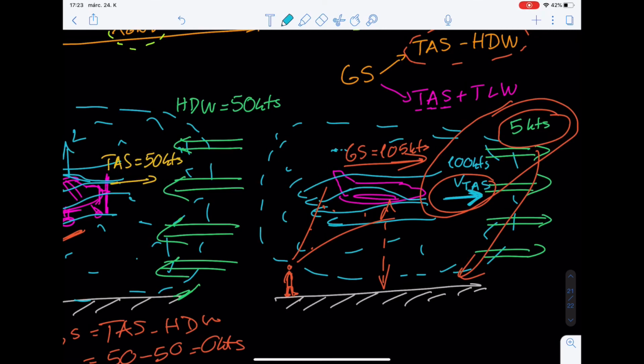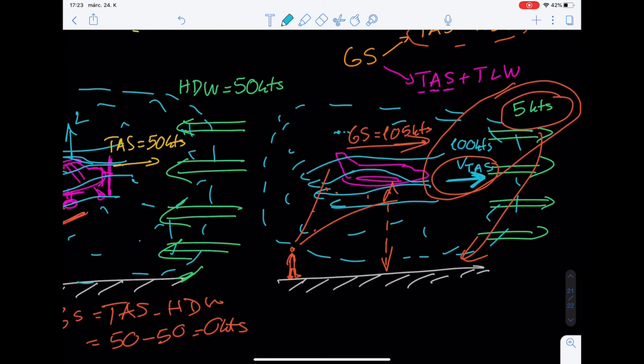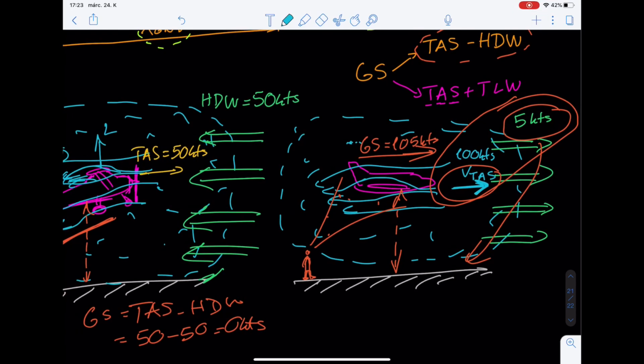It's possible that the ground speed, if you have a very, very strong tailwind, if you're flying in a jet stream, for example, which is a very, very strong wind, it can happen that your ground speed, so your speed relative to the ground, is going to be very, very large.